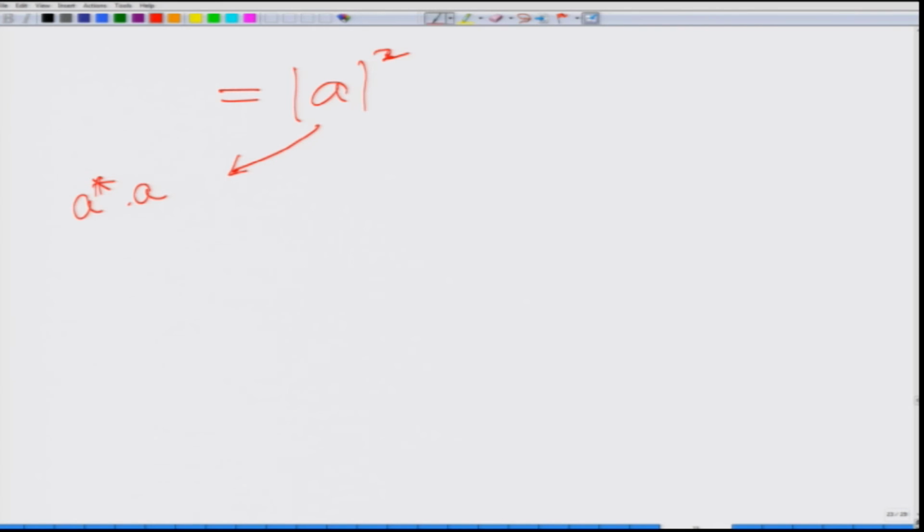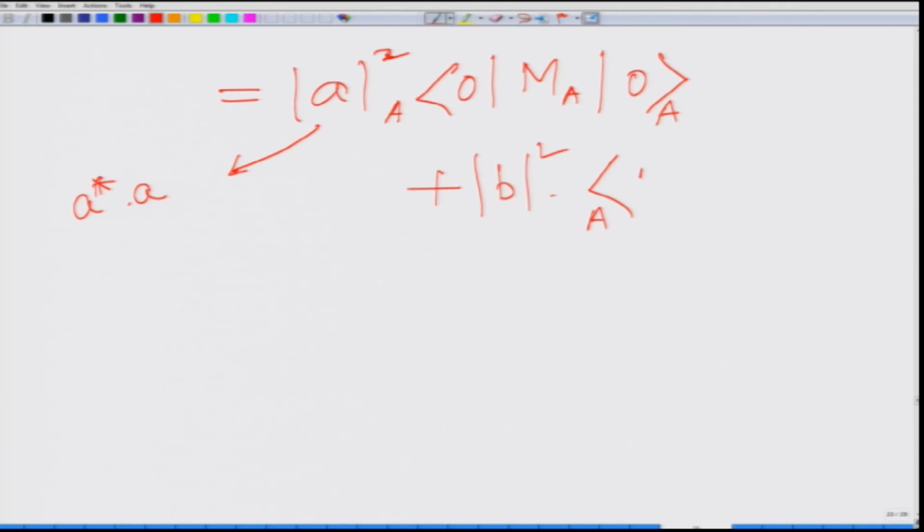So this is for the A part, plus B mod squared, once again A. This is after we use the orthogonality of these two.